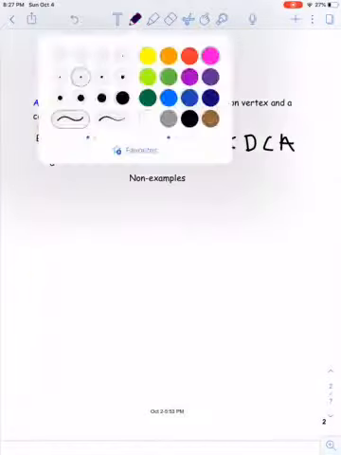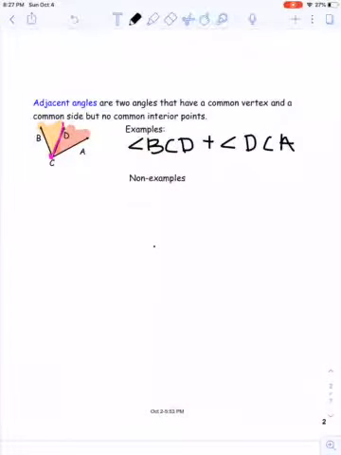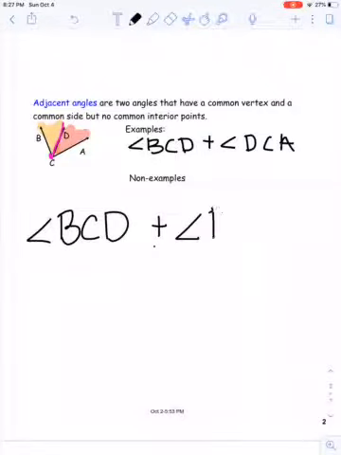A non-example, okay, is angle BCD and angle BCA. So I'm going to erase this for a second, and now let's highlight those. If my highlights overlap, then it's a non-example.